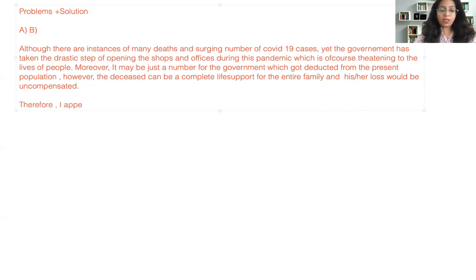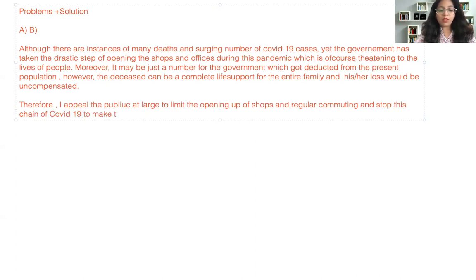Therefore, I appeal to the public at large to limit the opening up of shops and regular commuting, and stop this chain of COVID-19, make this world livable and safe for many.